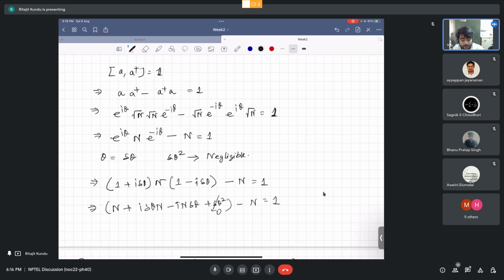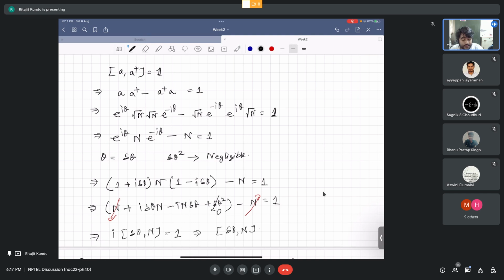From this, some things cancel: this n and this n cancel, and we get this expression, that the commutator of delta theta and n is equal to identity. So we are almost there. Just a few more steps.